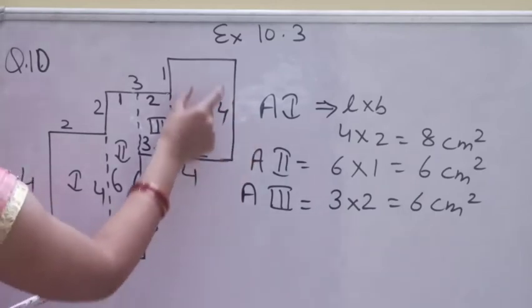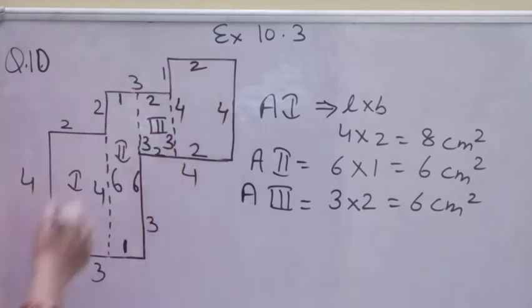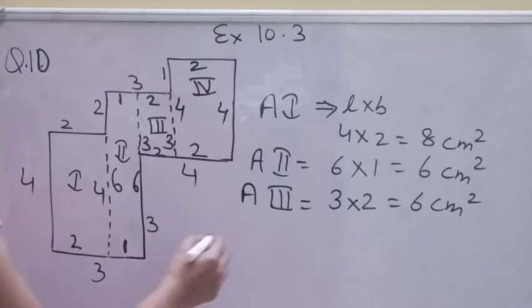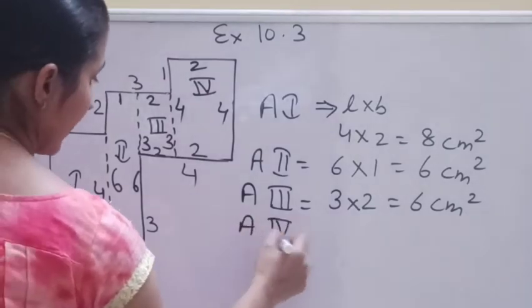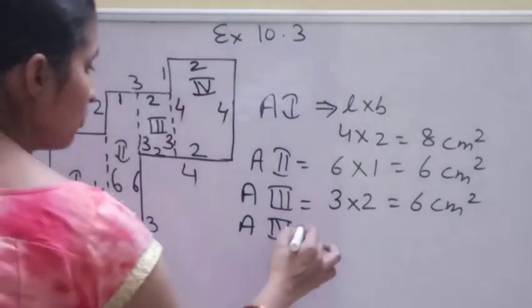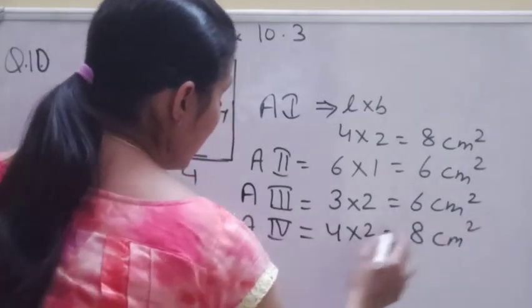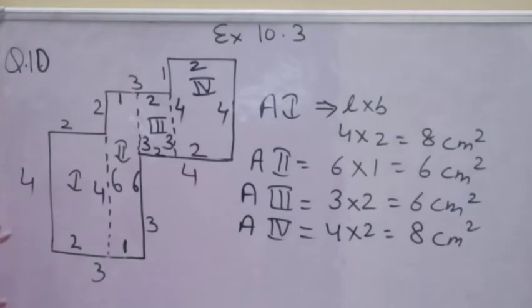This part is 2. So in front side we have 2. So this will become your fourth rectangle. So area of fourth rectangle is 4 into 2. That is 4 2s are 8 centimeter square. So we have divided into 4 rectangles and area we have found.